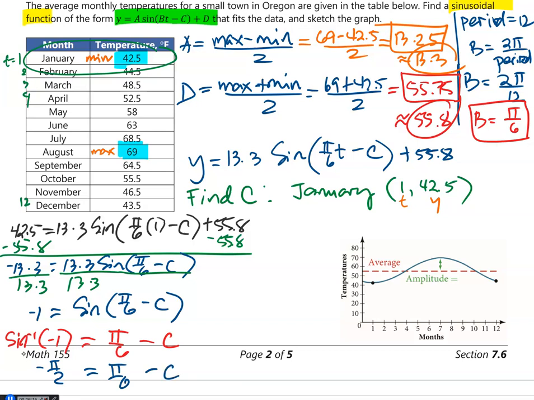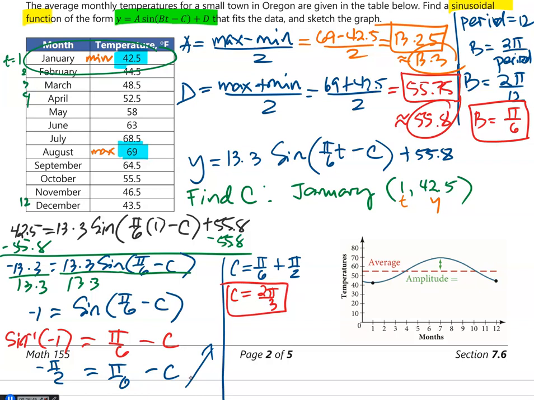Then it will be c is equal to pi over 6 plus pi over 2. And we simplify this, it's going to be equal to 2 pi over 3. So that's how you solve for c. Now we have a, b, c, and d.